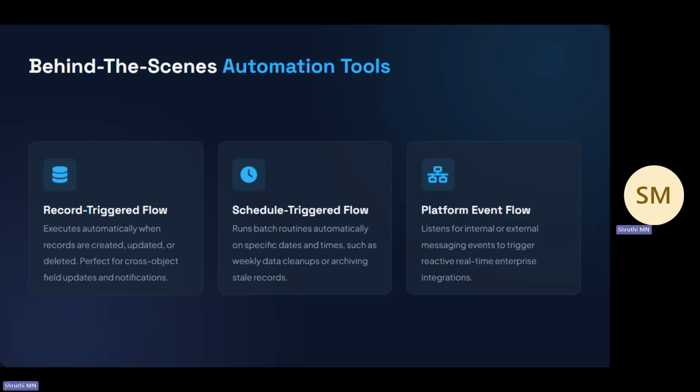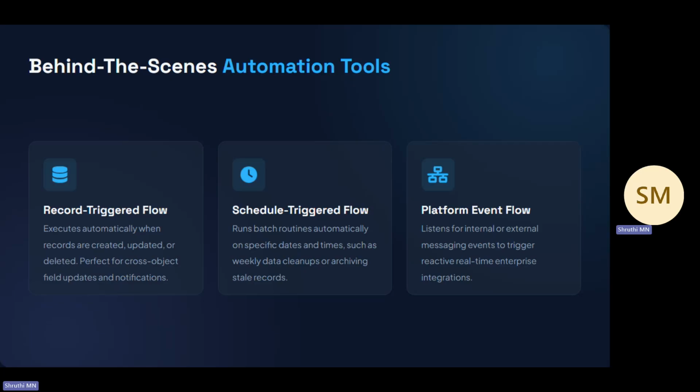Platform event triggered flow. Now let's look at platform event triggered flow. This one is slightly different. Instead of a user changing a record or a clock reaching a specific time, the flow responds to a platform event. Imagine another system sends an event to Salesforce. Salesforce receives the event and the flow responds.